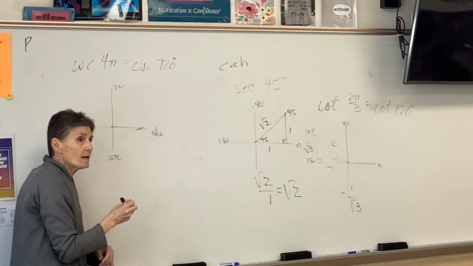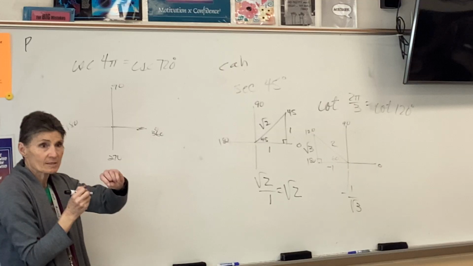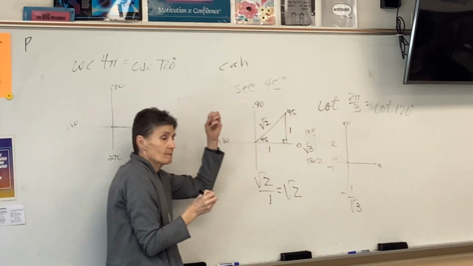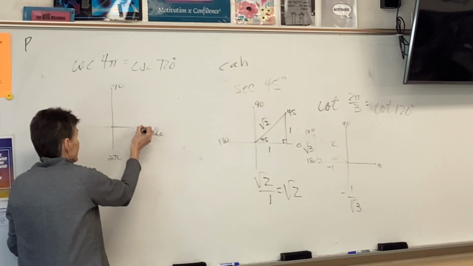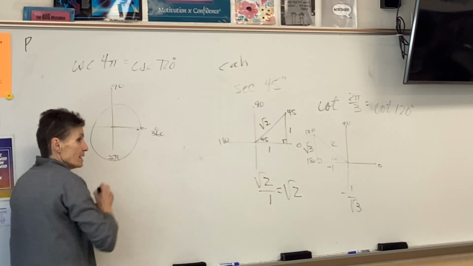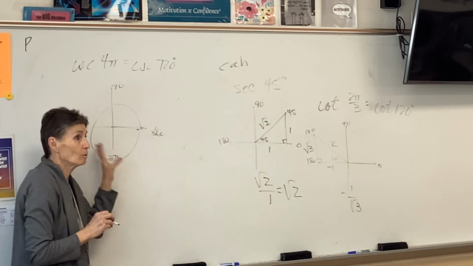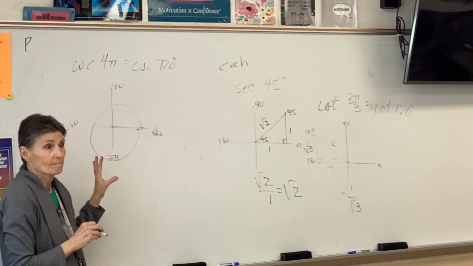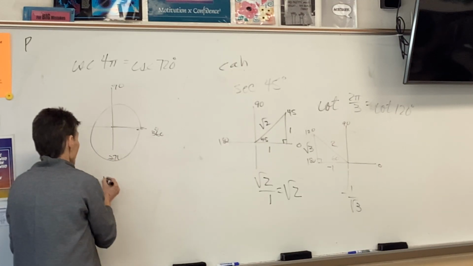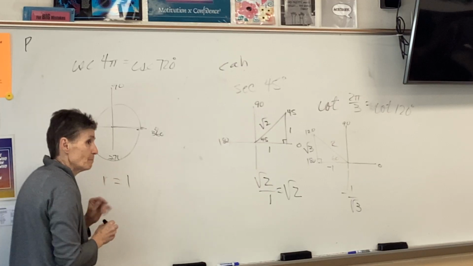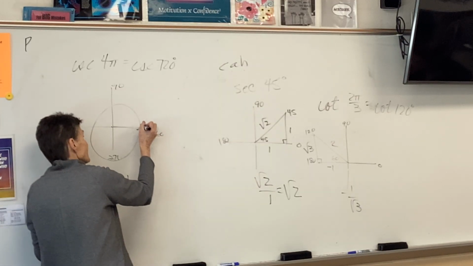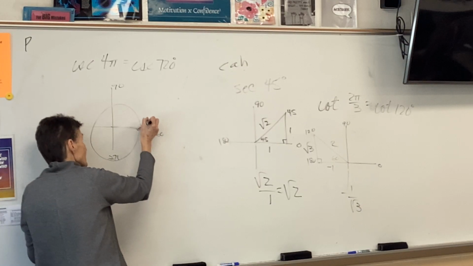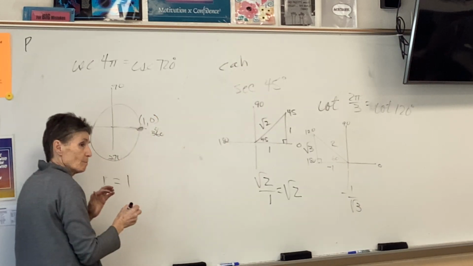And when I end up on an axis, I can't do this. No butterfly bow ties on an axis. Instead, we consider a circle. We're gonna let our radius be 1, which makes this point 1, 0.